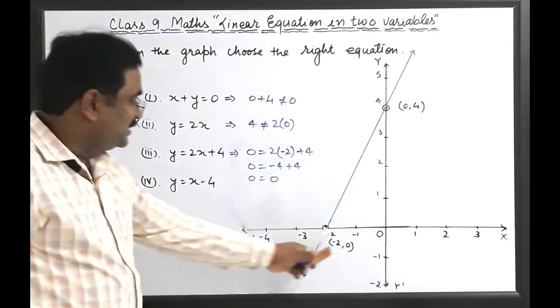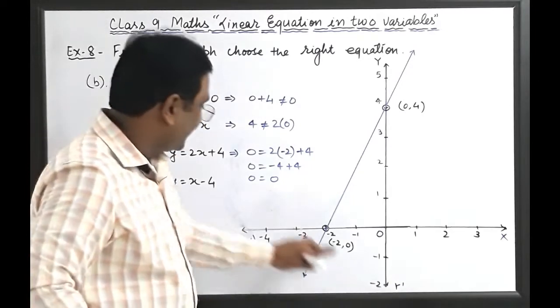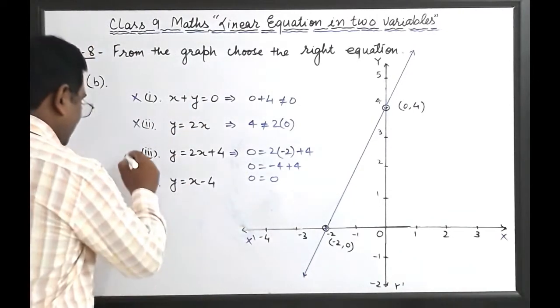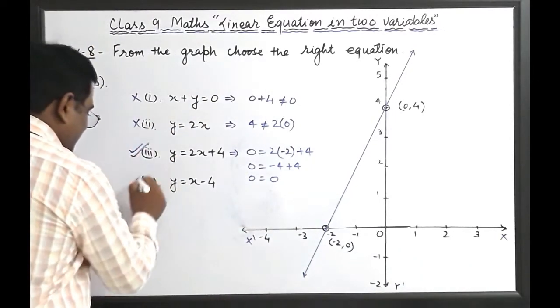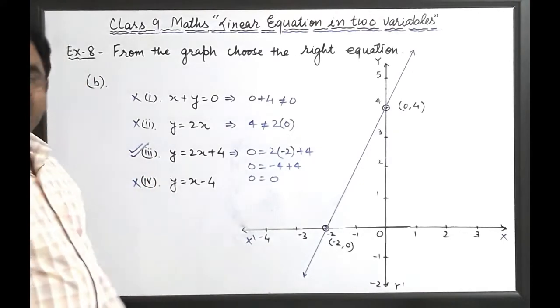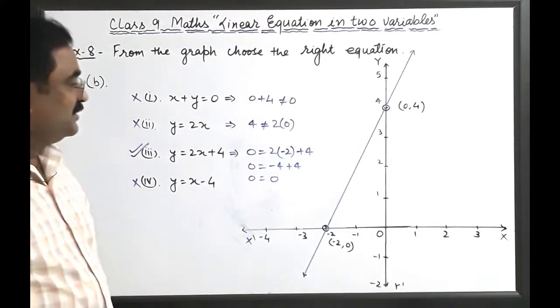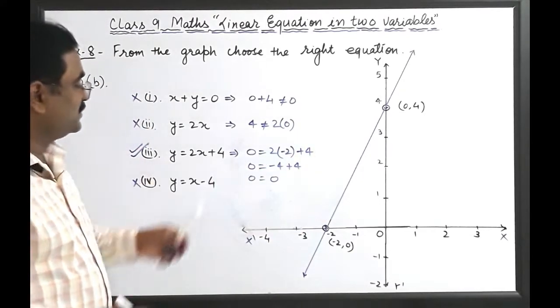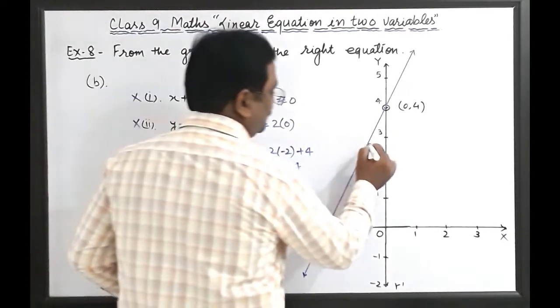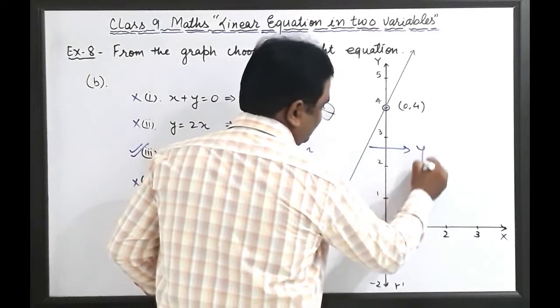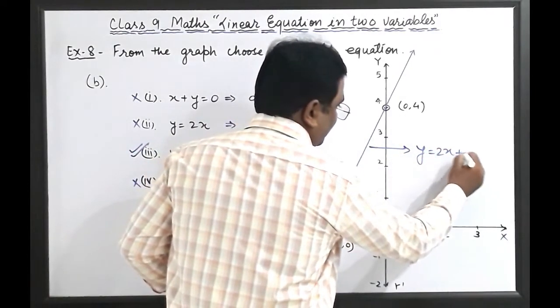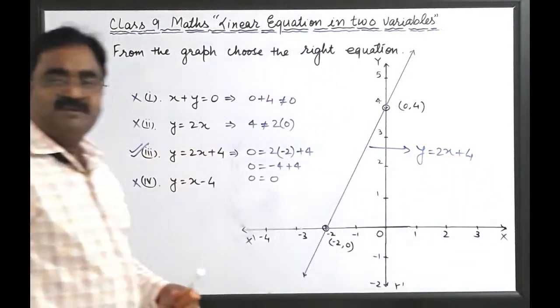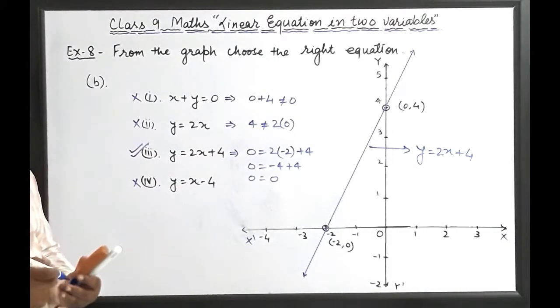It means this point is also satisfying this equation. It means our required answer is this third option. Right, children? So for this given line, the equation is y is equals to 2x plus 4. Equation of this line is y is equals to 2x plus 4. Right, children?